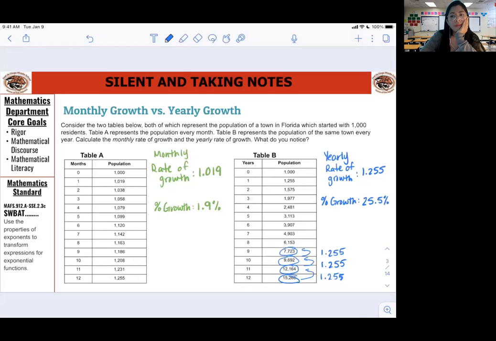Because there's less time for babies to be born in a month than in a year. Good. So that's a really good point. And let's actually think about it. How do populations grow? Some more people join from outside, but at the same time, the people who live there have babies, right?